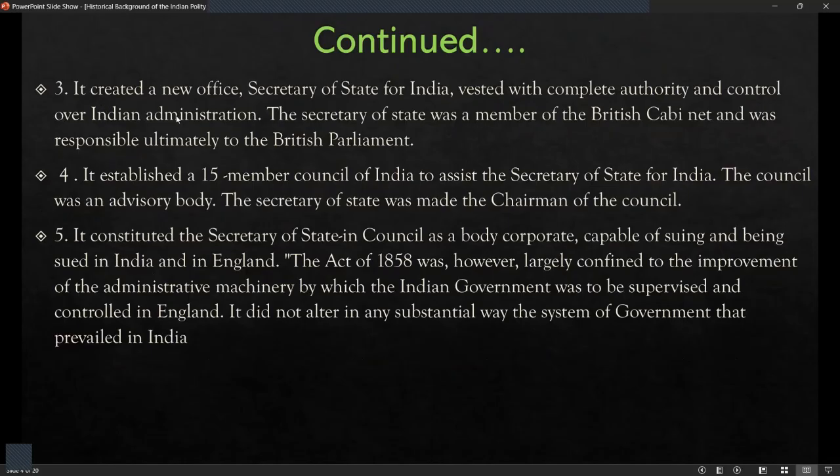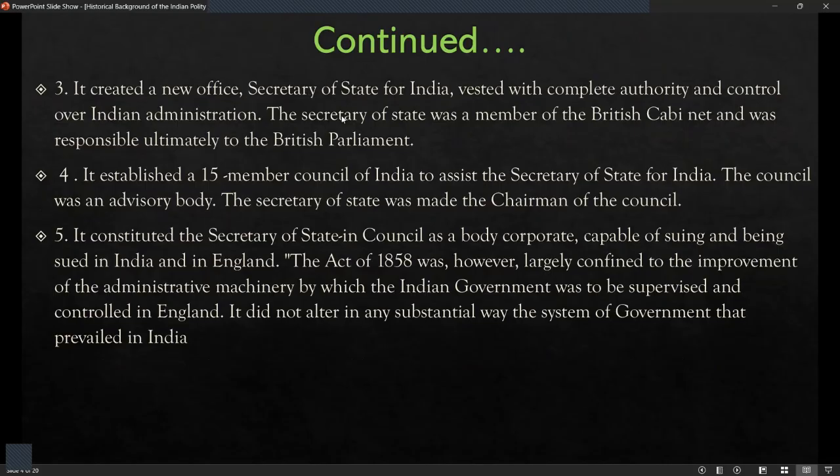and it created a new office, Secretary of State for India, vested with complete authority and control over administration. The Secretary of State was a member of the British Cabinet and was responsible ultimately to the British Parliament. So the control power was with this person.